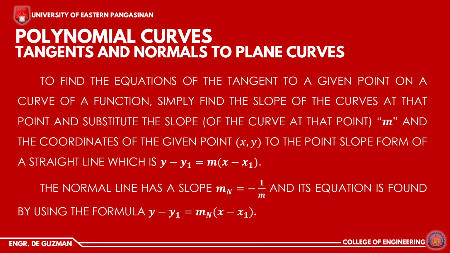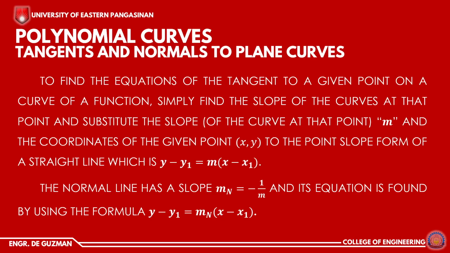The normal line has a slope of mn equals negative 1 over m, and its equation is found by using the formula y minus y sub 1 equals mn times x minus x sub 1.